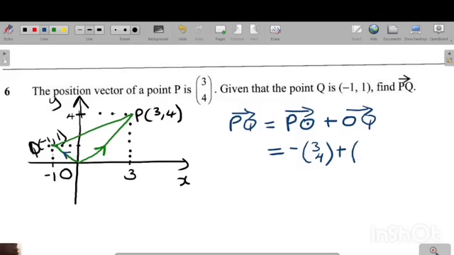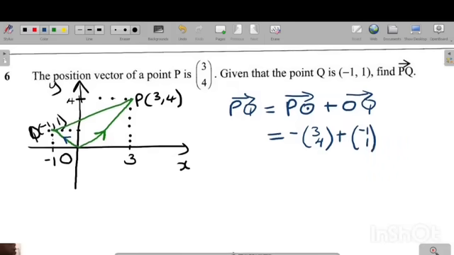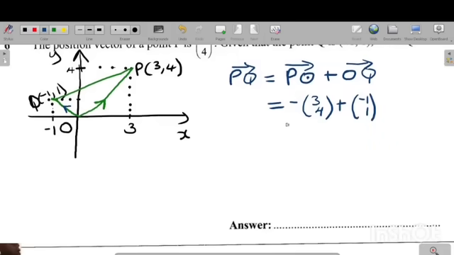So you have negative 1, 1, like this. Okay. So now this negative is just multiplying everything that is inside. So we are going to have negative 3, negative 4, plus negative 1, 1. All right.